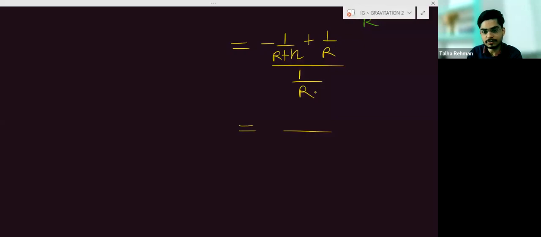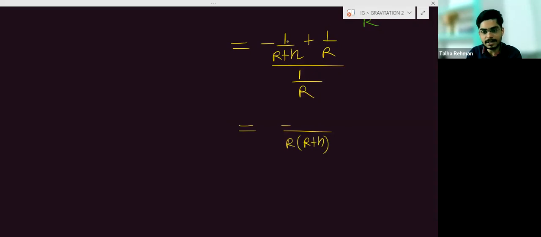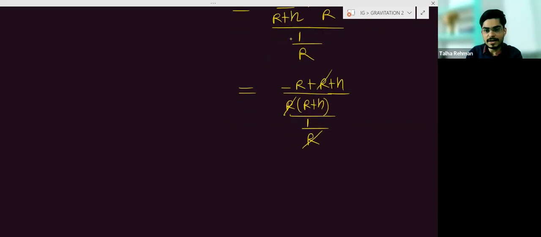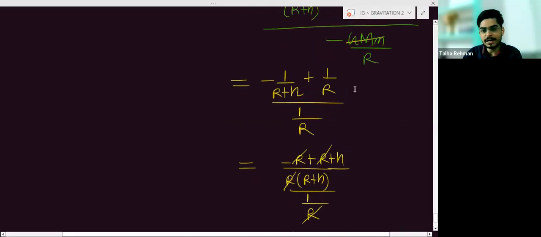The LCM will be r plus h. Now you multiply this side by r, it will become minus r plus h. And here is 1 by r. The r and r will be cancelled out, and this r and this r will be cancelled out. So you will have h divided by r plus h.